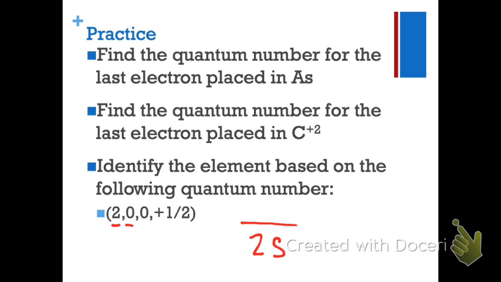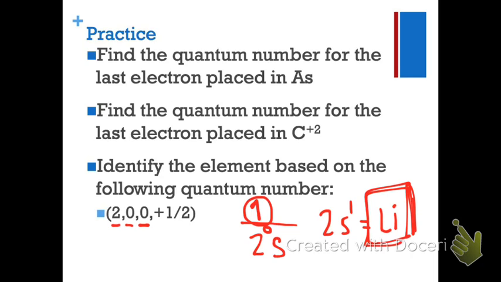No, you don't have to. It's a 2s orbital. This 0, there's only 1 version of it, so there's no need to worry about that part. The positive 1/2 tells us, is it the first electron that went in or the second? The first. So 2s1 tells me it is the element lithium.